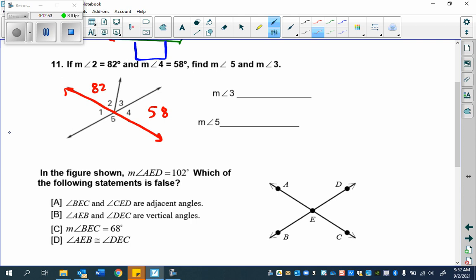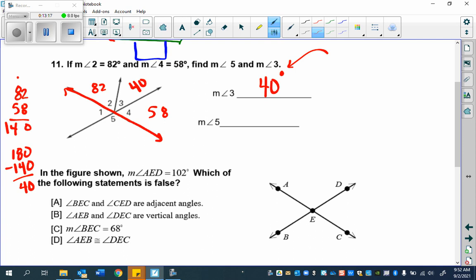So 82 plus 58 gives me 140, which means that the measure of angle 3 has to be 40 degrees. When I say 180 minus 140 is equal to 40, measure of angle 3 is 40 degrees. Make sure you remember your degree symbol.